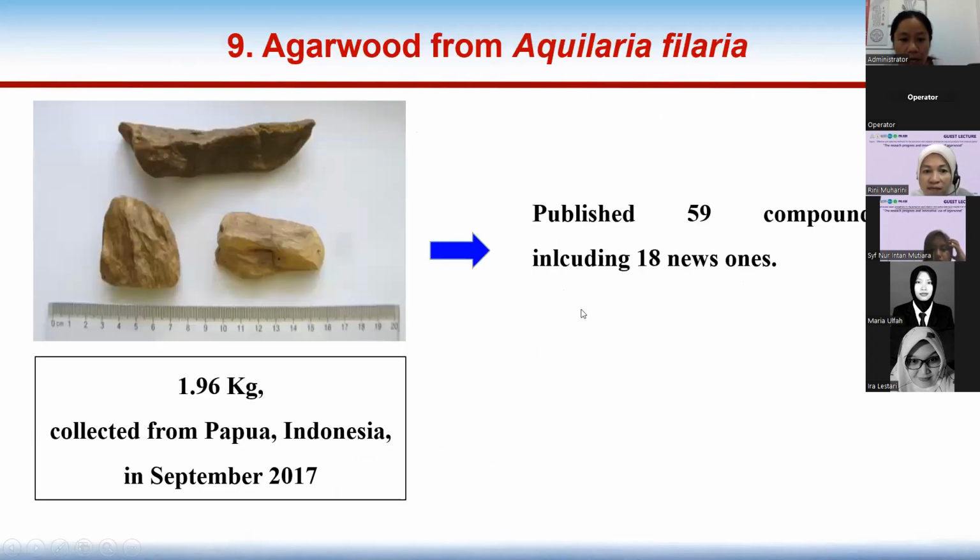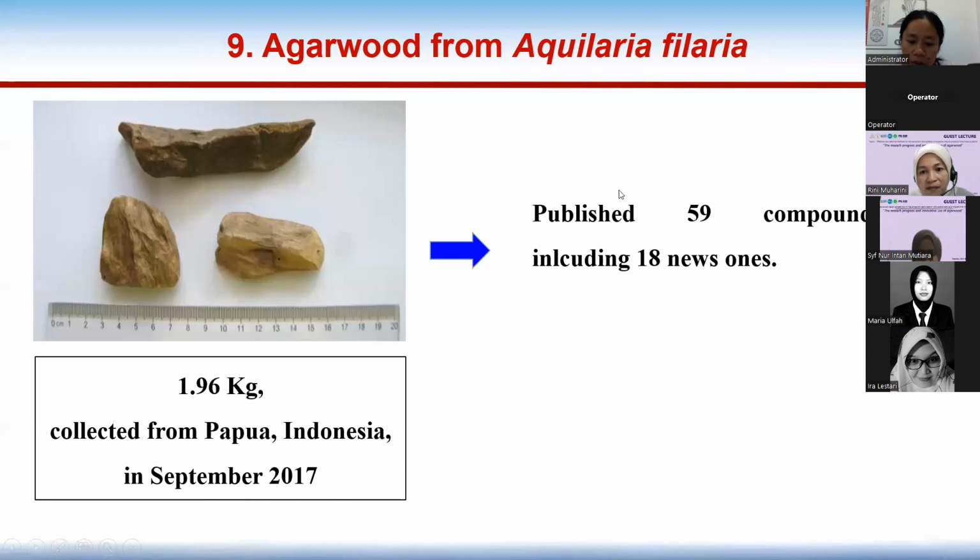And the ninth sample is agarwood from Aquilaria filaria. This is from Indonesia in 2017. It is mainly distributed in Indonesia, the Philippines, and Papua New Guinea.